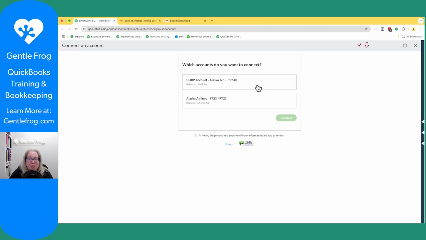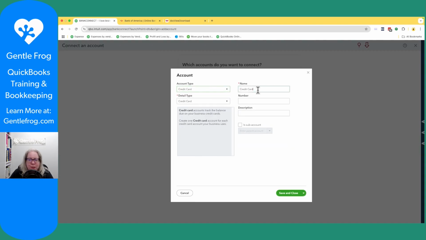So I'm going to do the thing that I don't do in real life. I'm going to connect them both so you can see why I don't. So I'm going to say add new. This one's a credit card. Corporate. I don't really connect this, and you'll see why.